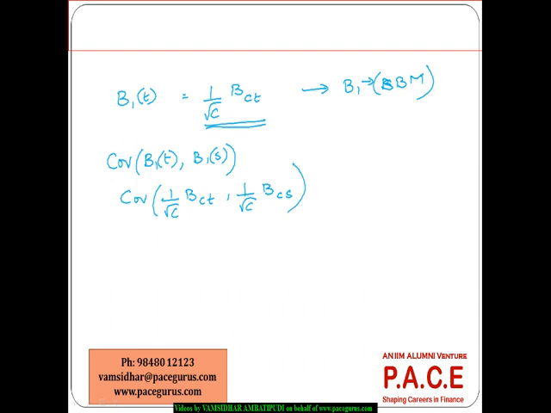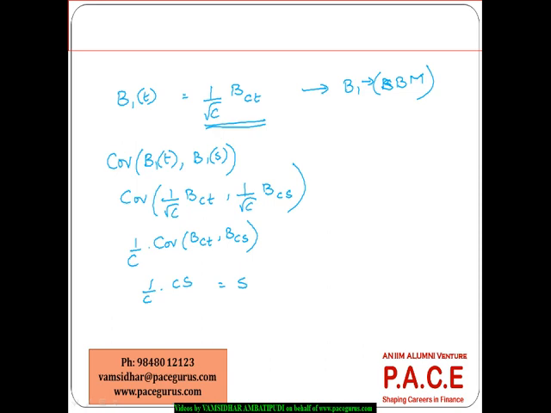And we know it is 1 by c times the covariance between Bct comma Bcs. And ct, cs, we know it's the minimum of these two. If these two are Brownian motion, it comes out as ct or cs. So the minimum of it, I'm taking it as cs, which will work out to s.